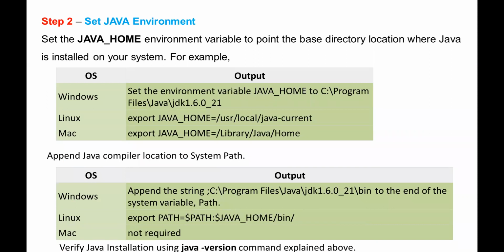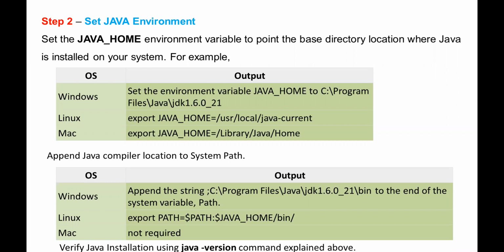Set the JAVA_HOME environment variable to point to the base directory location where Java is installed in your system. That means we set the Java environment path using Windows, Linux and Mac operating systems. For Windows, we set the environment variable JAVA_HOME to C:/Program Files/Java/JDK 1.6.0_21.